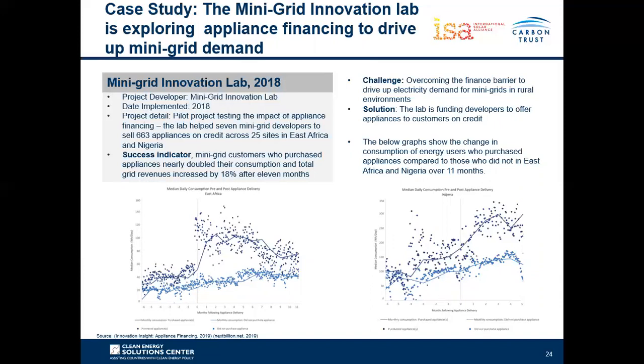The darker blue trend line indicates those that had an appliance or those that were able to purchase an appliance through this credit mechanism. And the lighter blue represents those that were not able to afford an appliance or not given credit to afford an appliance. So we can see grid revenues for the developers increased by 18% in the 11 months after the appliance was delivered to the customers.